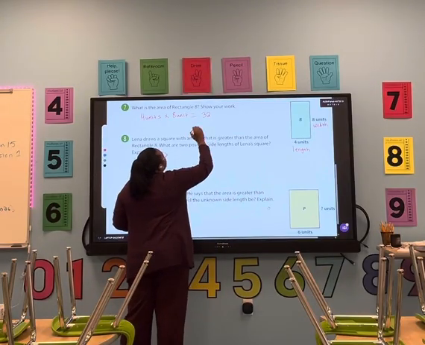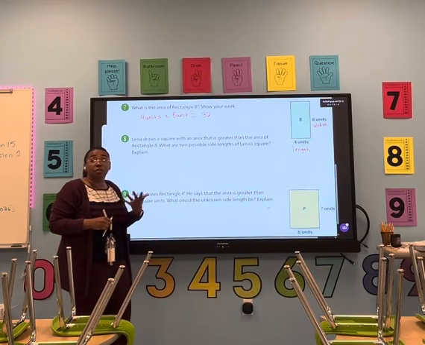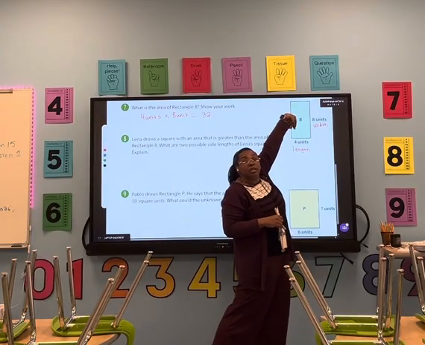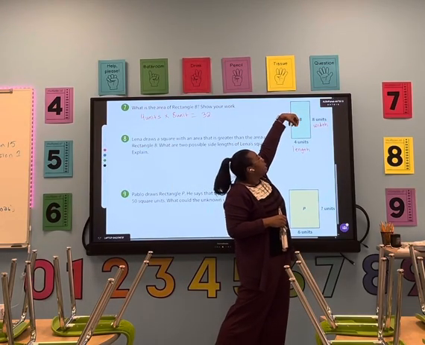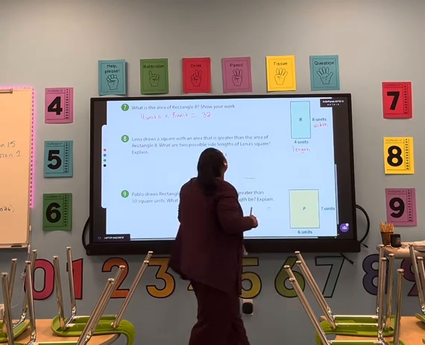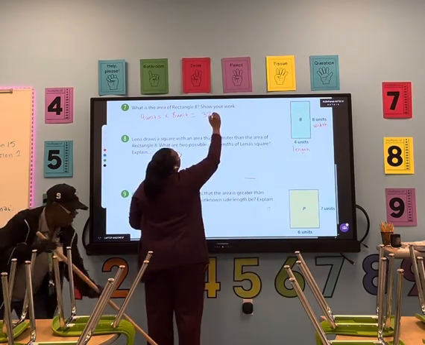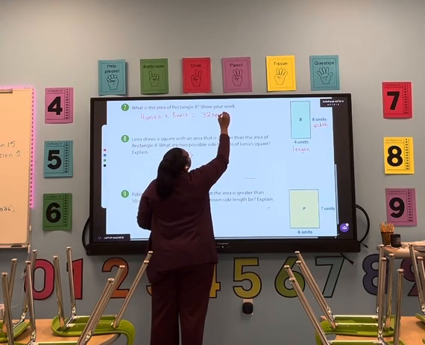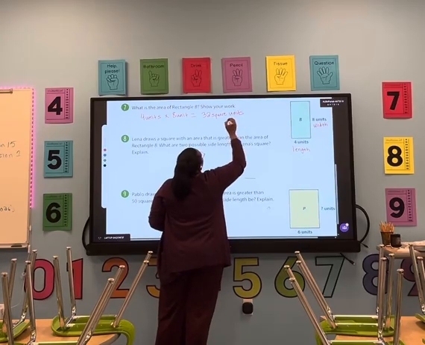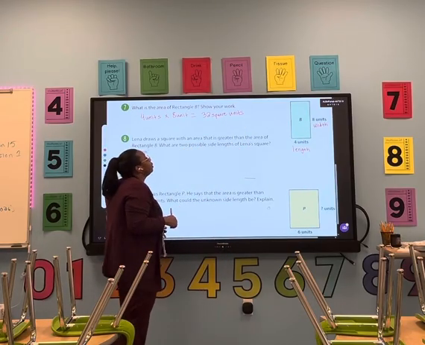And because this is area, we're going to use our special word of squares, because we're trying to figure out how many squares I can fit inside of this particular rectangle. And it just so happened I can fit 32 squares inside of that one. So 32 square, and then the units. That would be our area.